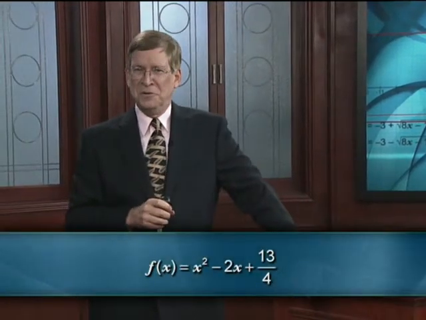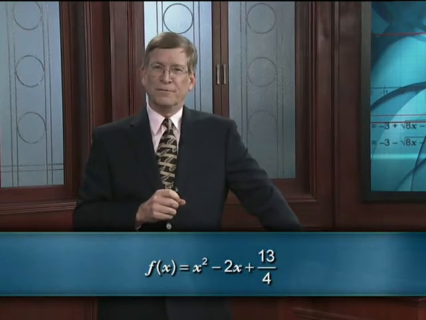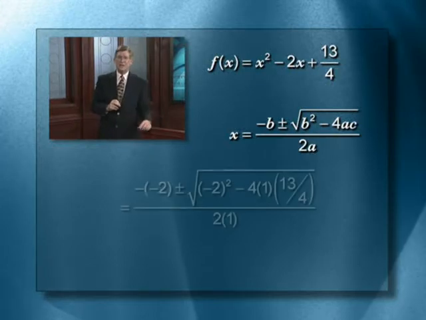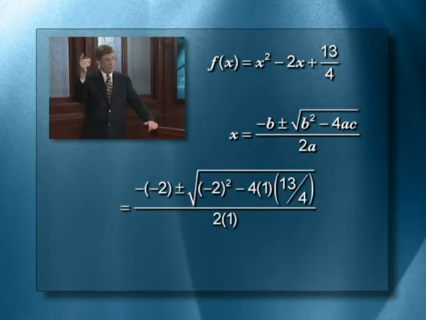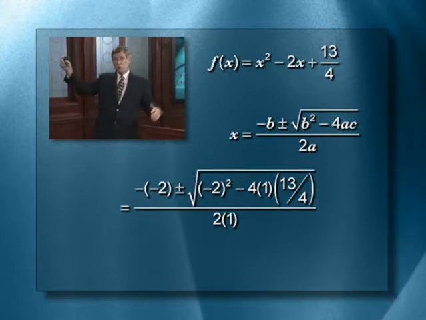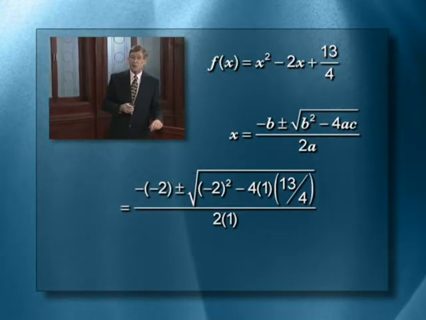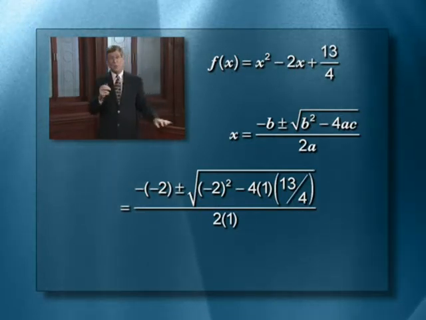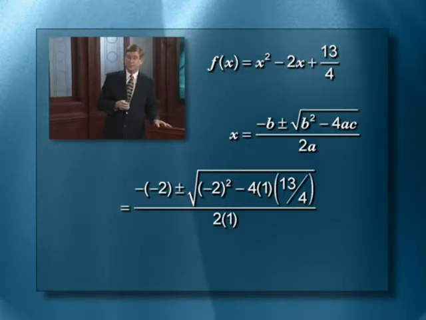Watch what happens now. An innocent-looking polynomial, x squared minus 2x plus 13 over 4. Let's apply the quadratic formula. So it's minus b, and b is minus 2, so it's minus minus 2, plus or minus square root, and here's what's inside the radical: minus 2 squared, that's the b squared, minus 4ac, minus 4 times 1 times c, which is 13 over 4.